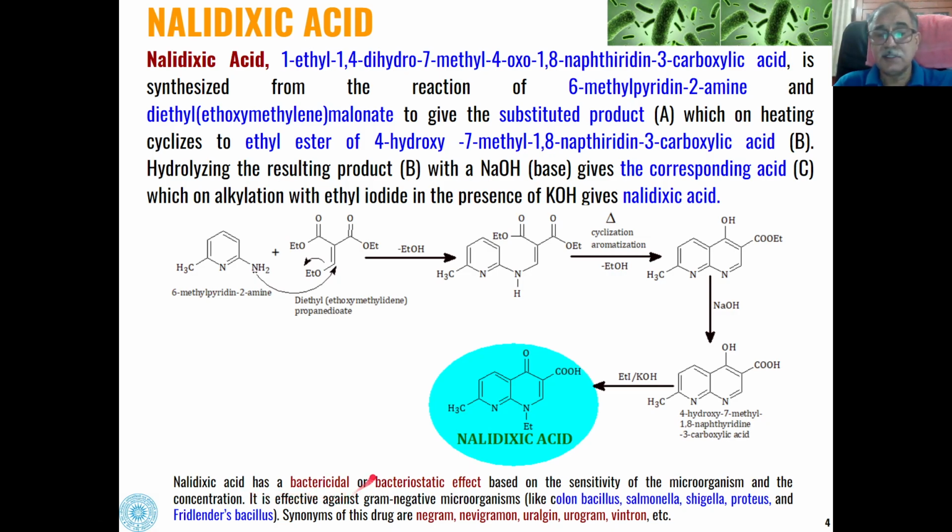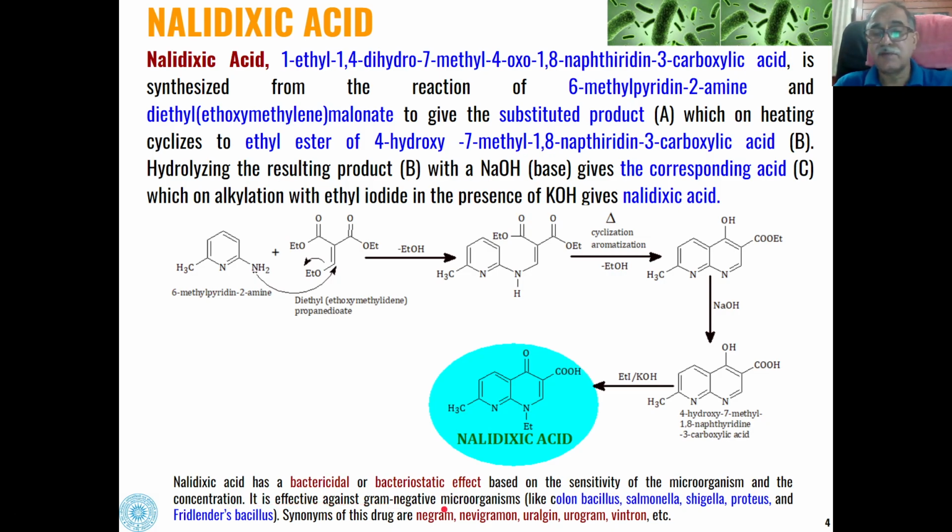Nalidixic acid has a bactericidal or bacteriostatic effect. Bactericidal means it will kill bacteria, and bacteriostatic means it will inhibit the growth of the bacteria. So this will act either as bactericidal or bacteriostatic based on the sensitivity of the microorganism and the concentration in which this drug is given.